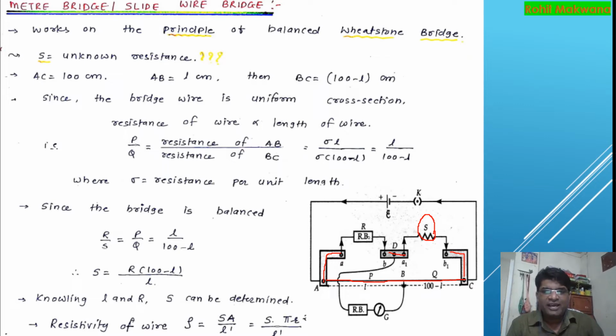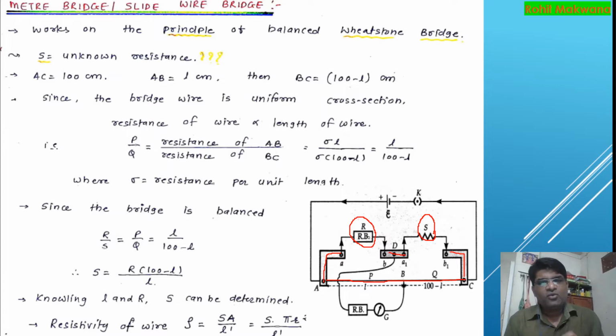There is one gap between these two metal strips where we connect a resistance box inside this circuit. Now here there is another gap where we connect a box resistance or any kind of resistance your school provides you, that resistance S, which is unknown, we connect it there, right?